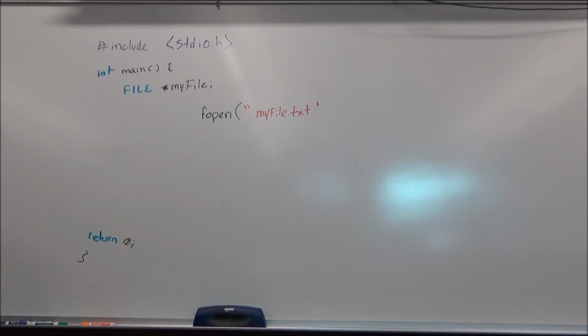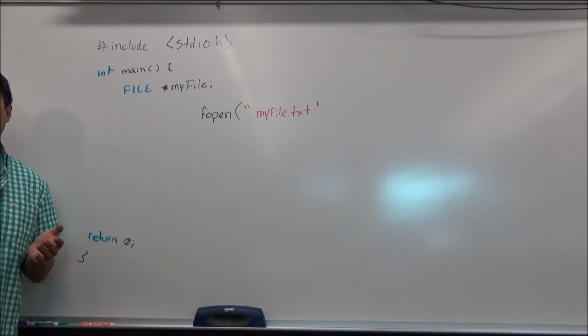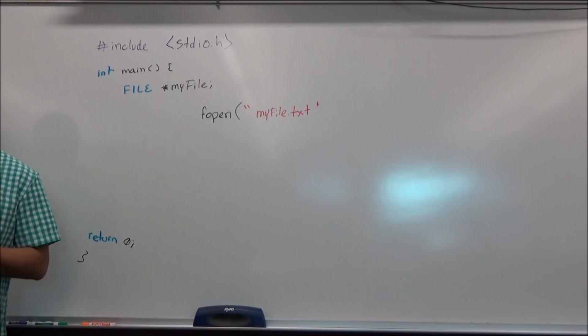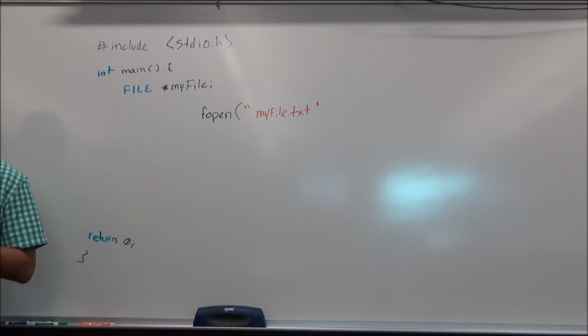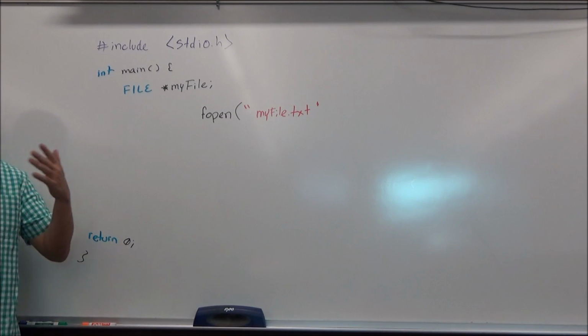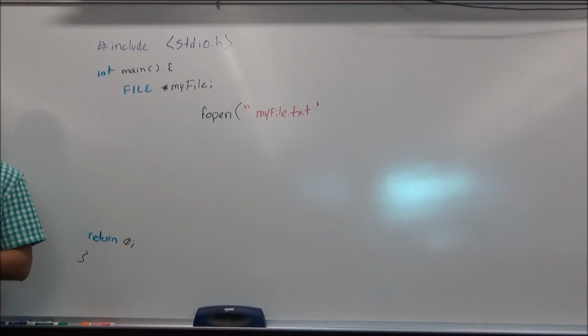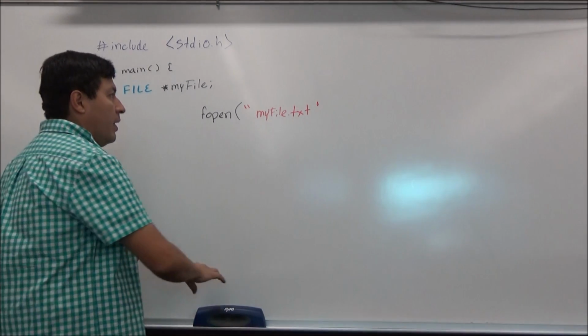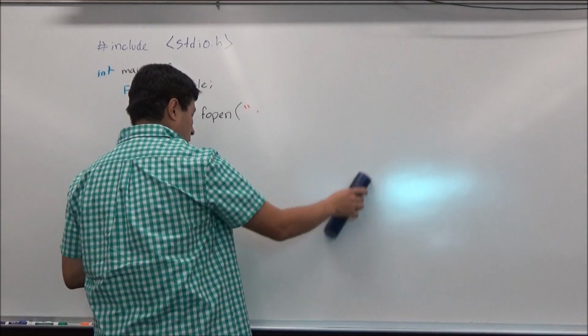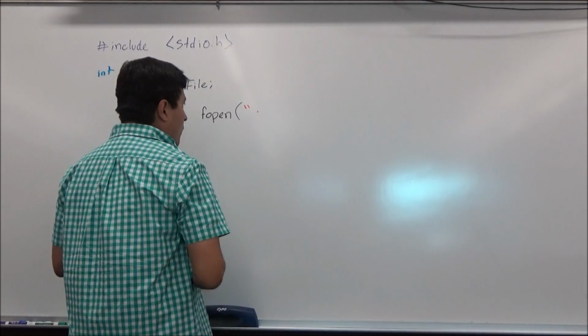Because the source code, when you compile the program in Visual Studio, you notice there's a folder called bin, which means binary, and there's a debug, and there's a release, and then there's a program. So, unless you put it there, you will need to use the full path.